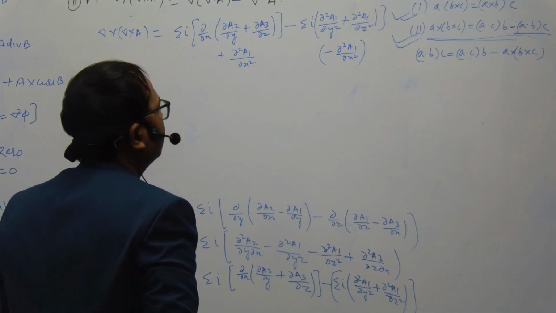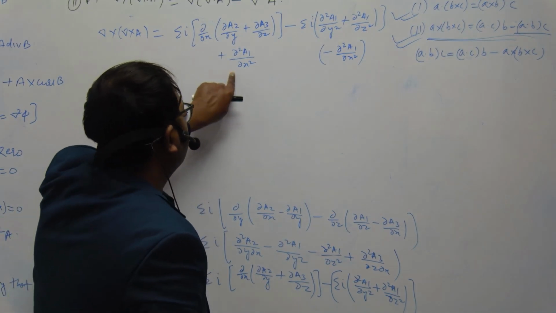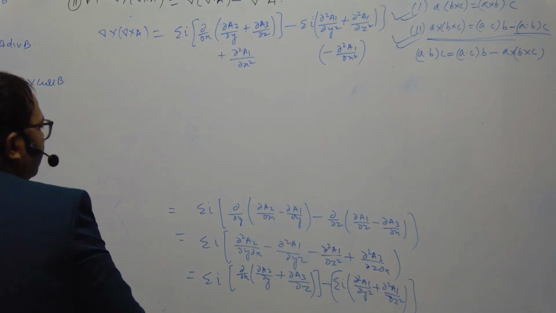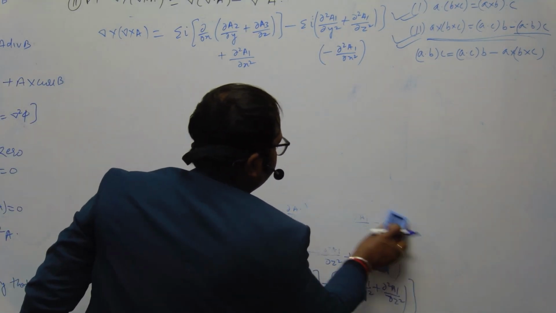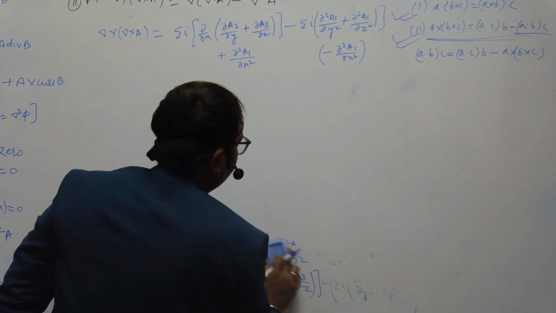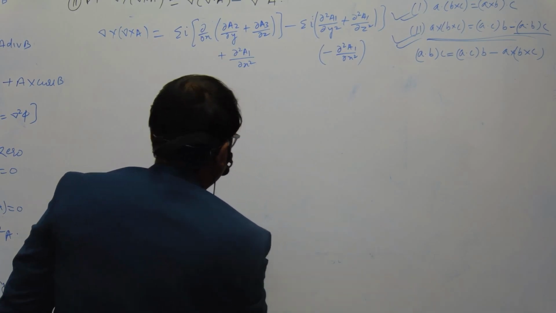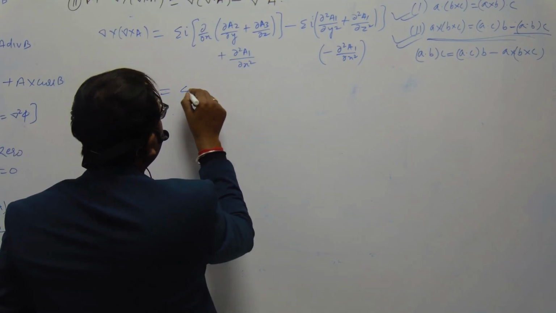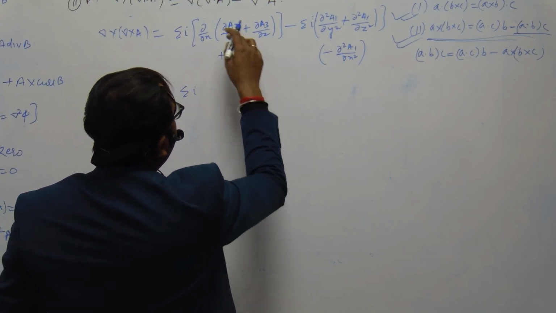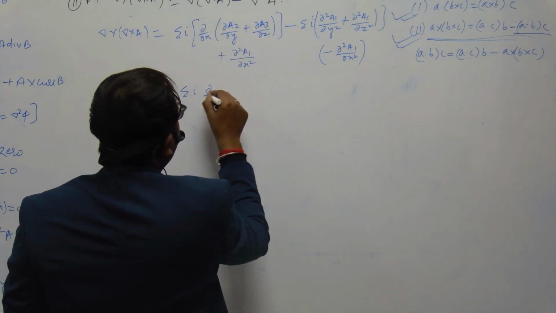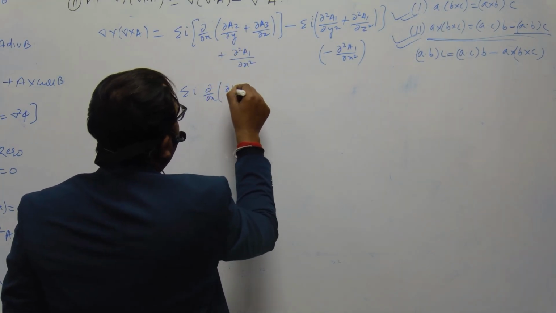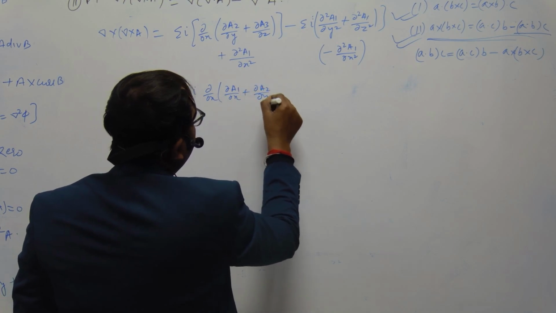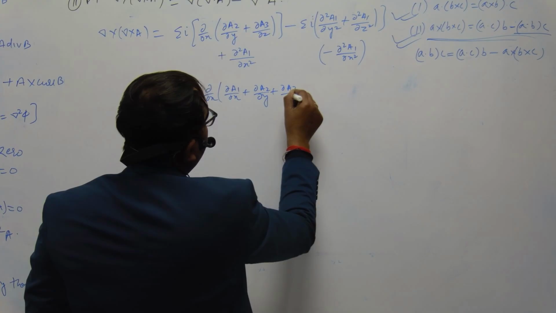Okay, so we have added here and we have subtracted here. Let us further simplify this. So this is equal to summation i. This we can take inside of this. So this is del upon del x of del a1 upon del x plus del a2 upon del y plus del a3 upon del z.